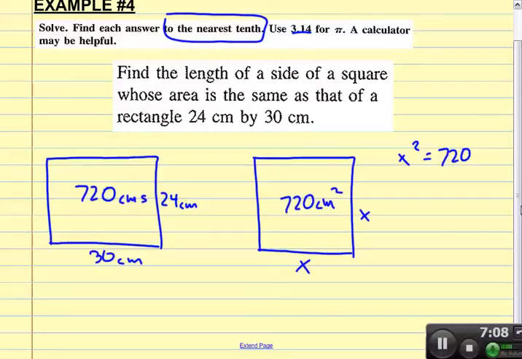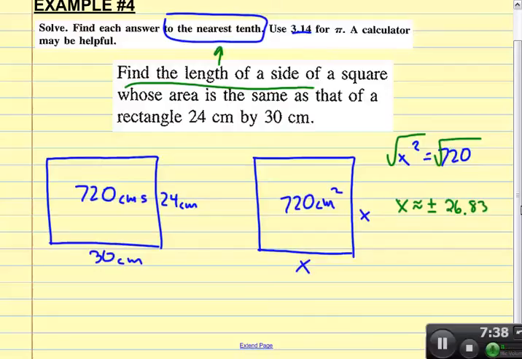I'm going to take the square root of both sides because they want to know what the length of a side is, and they said to round it to the nearest tenth, so I'll use my calculator. So x is going to approximately equal root 720, plus or minus, it says 26.83, so that just means it's going to be 26.8 centimeters.